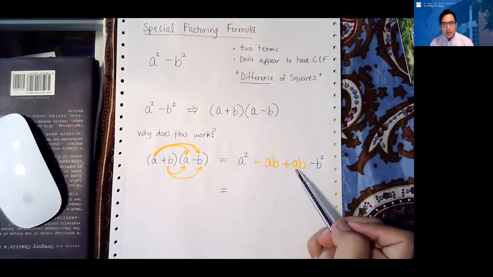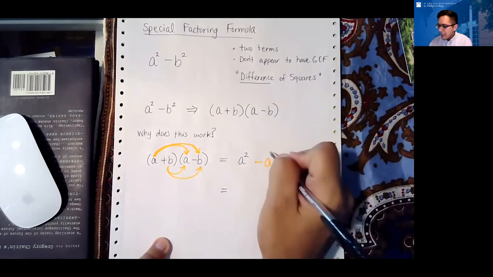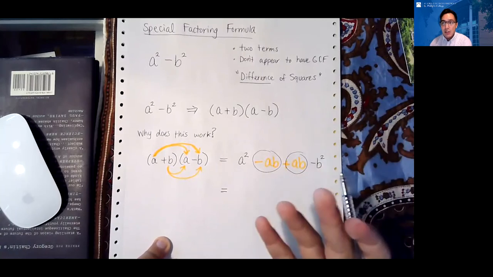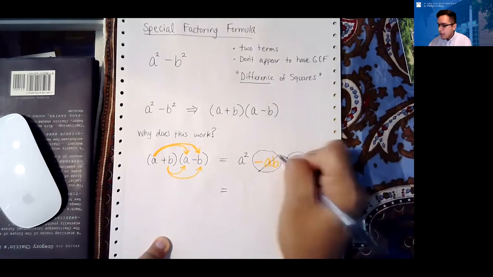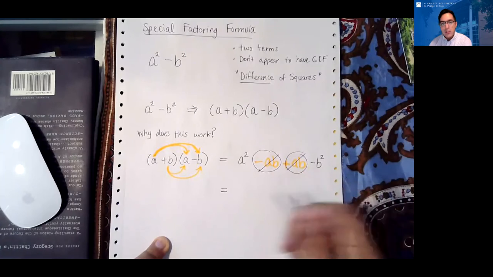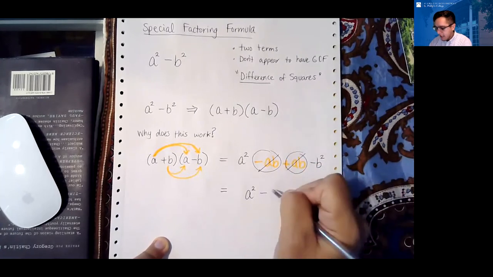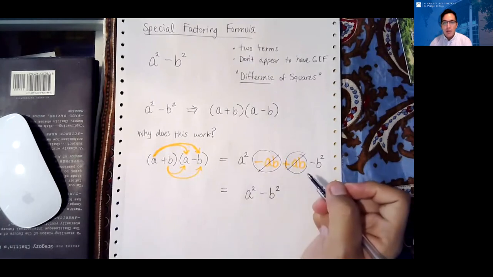Even though these are variable terms, if you have something and then you add its opposite or its negative, they cancel out to 0 through addition. So what I can say is that this term here and this term here will cancel out because they're the same term but opposite signs. So I can ignore those or cancel them out and say that this is a squared minus b squared.